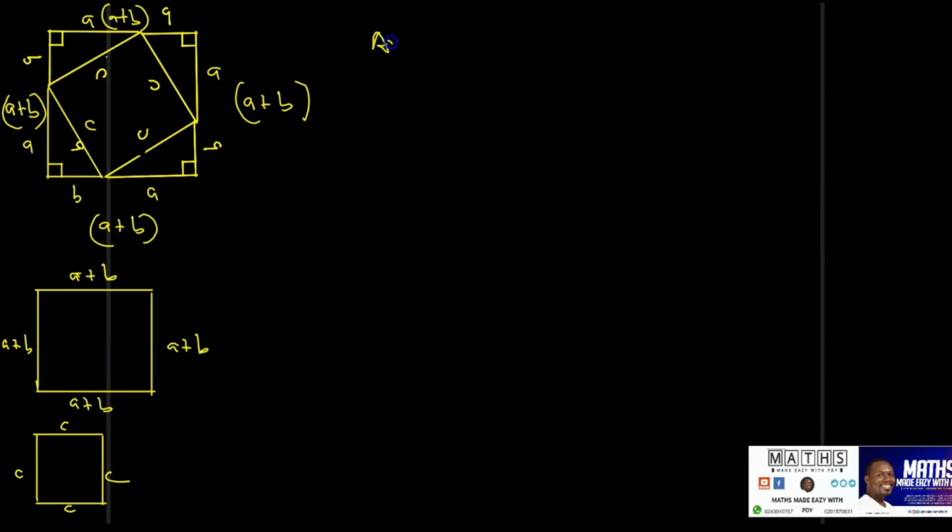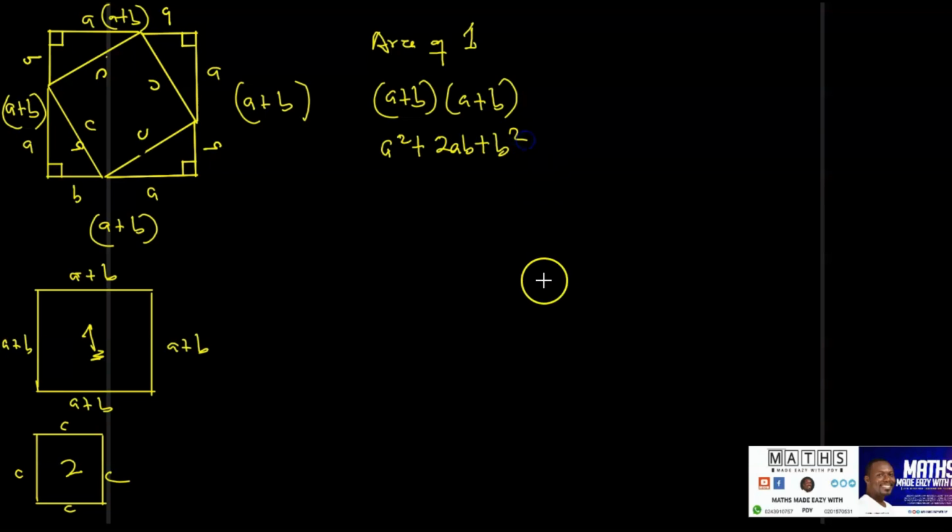It means the area of this first square, let me call it square 1 and square 2, is going to give us A plus B multiplying A plus B, right? And that is going to be A squared plus 2AB plus B squared. Does it make sense? Yes.